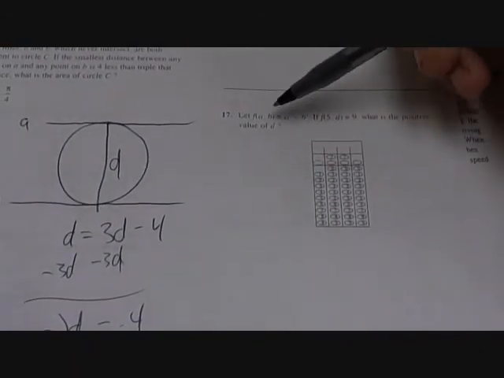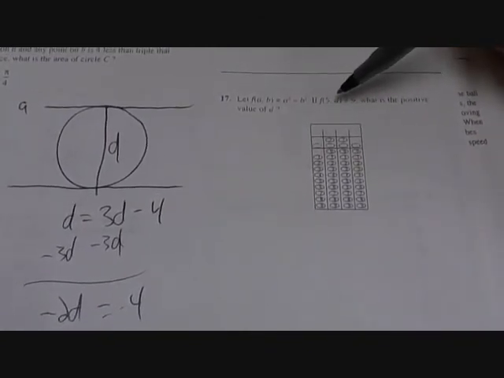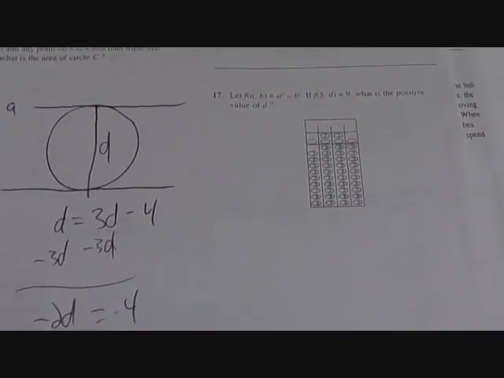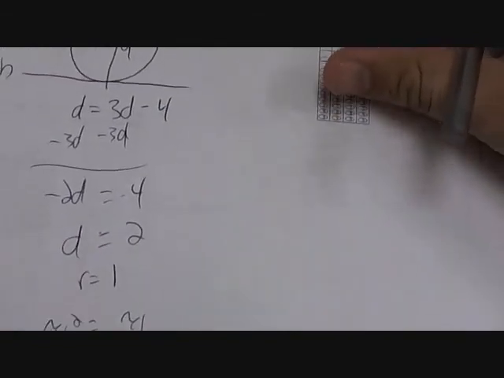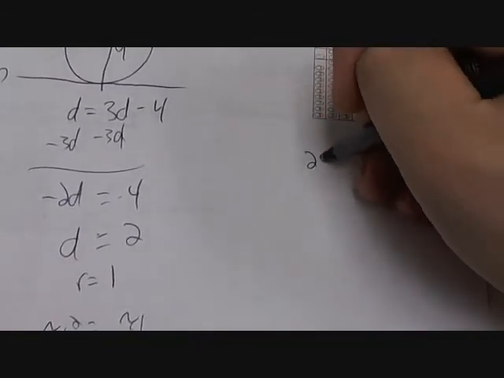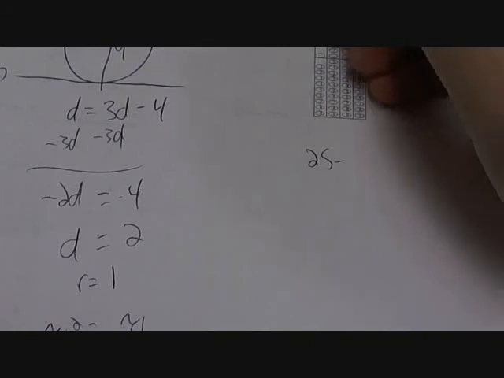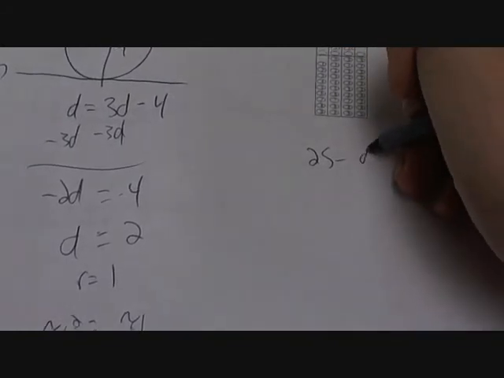Let f of a and b equal a squared minus b squared. If f of 5 comma d is equal to 9, what is the positive value of d? So this is your a, this is your b. Plug in 5 for a, so you get 25 minus d squared is equal to 9.